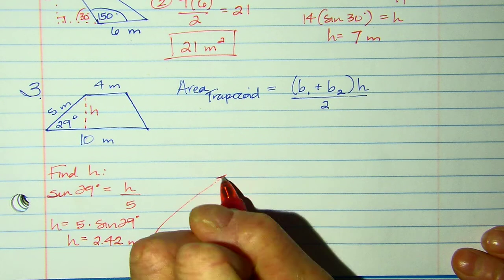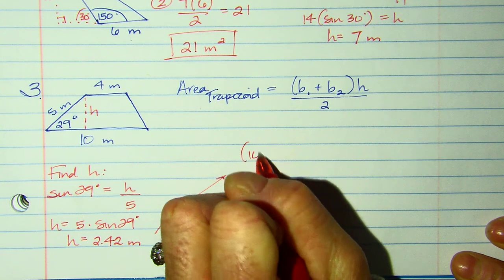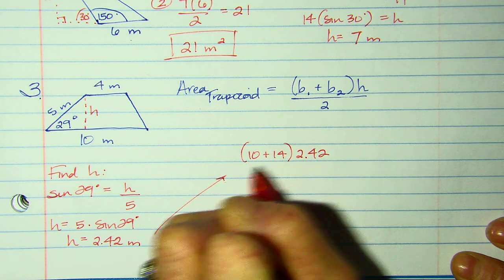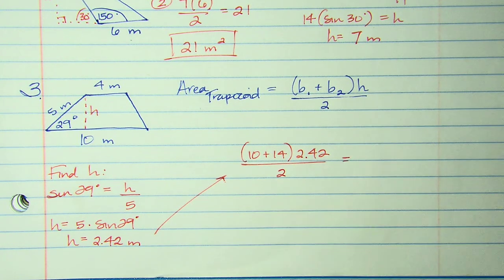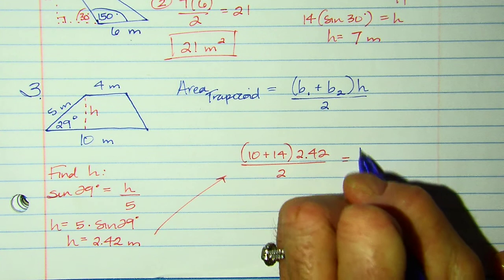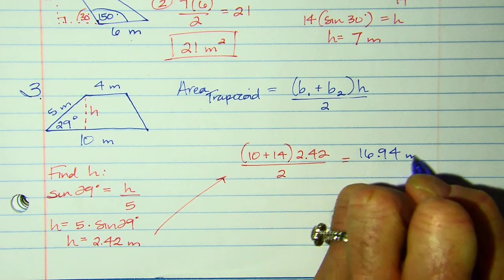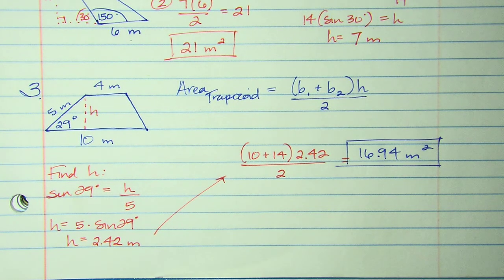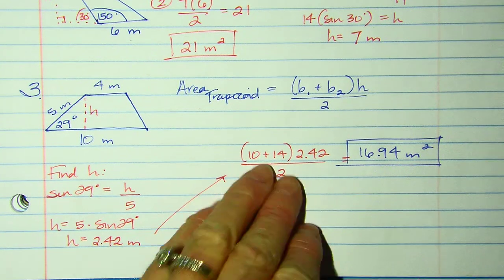Now I can find the area. So the sum of my bases times my height divided by 2, and I got 16.94 meters squared. So that is 56.A, which I'm sure you'll do fine in because it's area of a triangle.